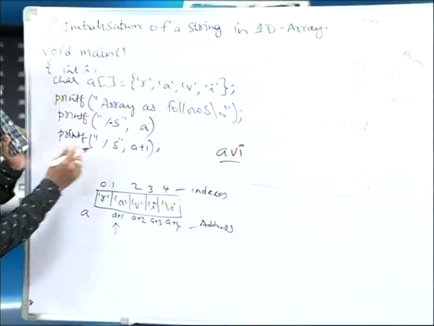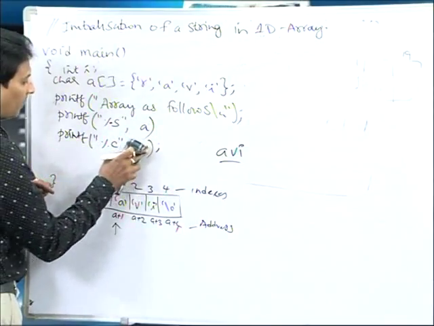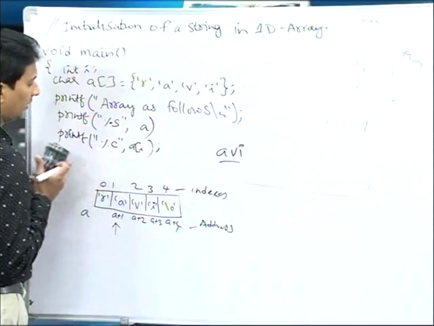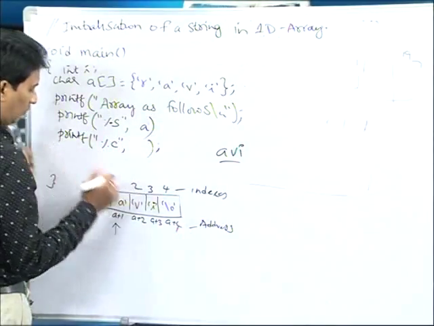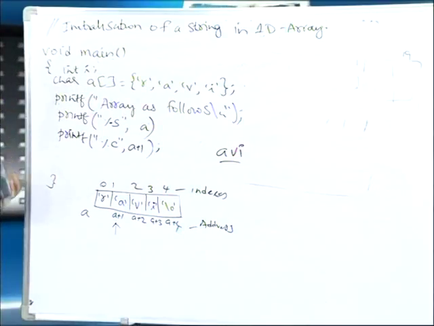If you write percentile c with a plus 1, it prints only A.